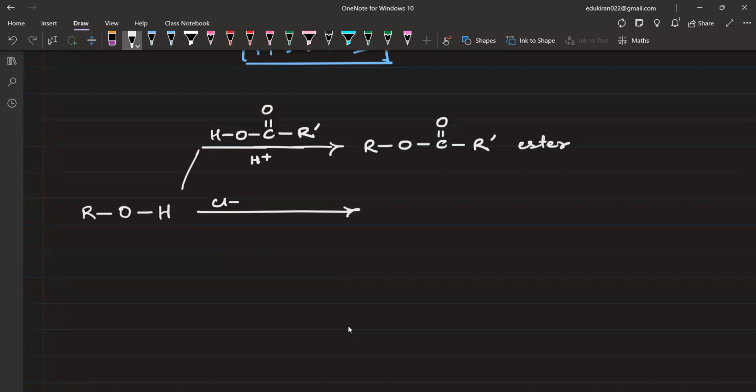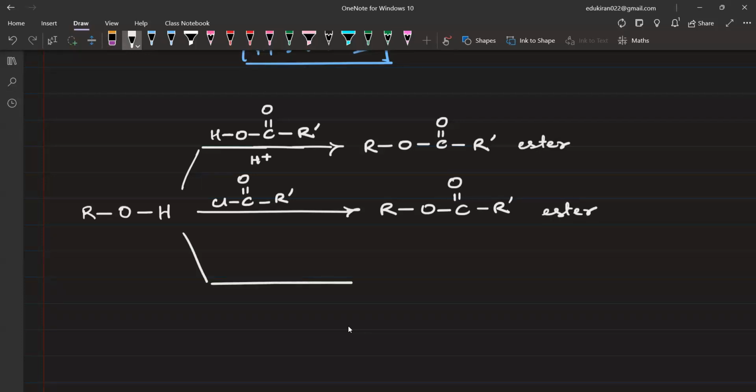You have Cl bonded to C double bond O and R dash. HCl will be leaving out from here and you will be getting R, then you are going to have C double bond O. Sorry, just a second. HCl निकलेगा तो O बचेगा ना तुम्हारे पास. R O and then you will have C double bond O and then R dash. As you can see, we have again got ester.